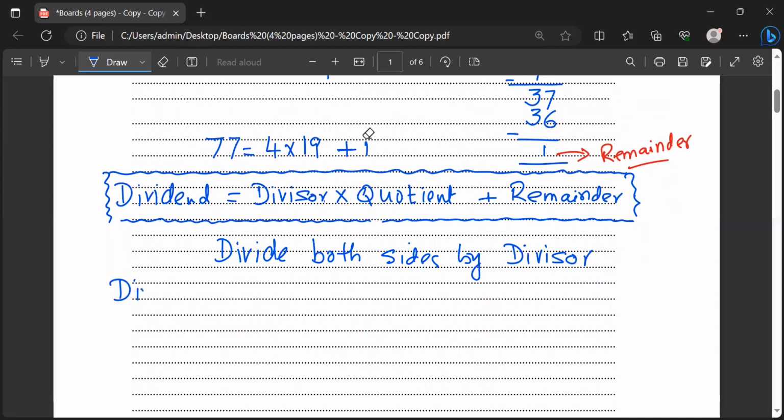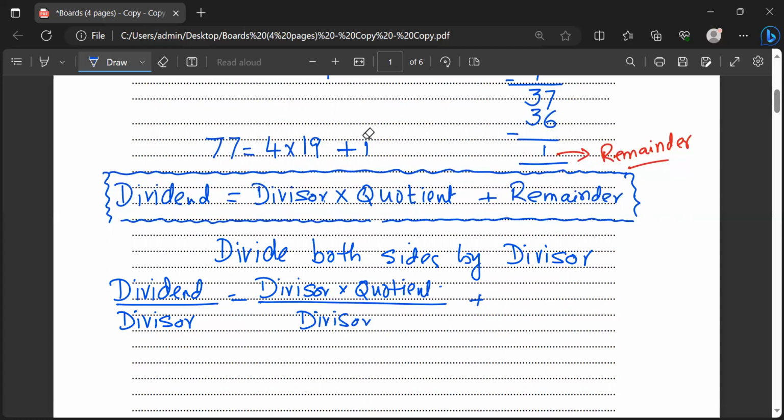So here is dividend. So I'm dividing each and every term by the divisor. Dividend over divisor is here, divisor multiplied by quotient, again divide by the divisor. So this I'm doing just to obtain another result.